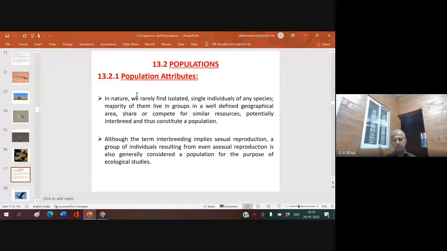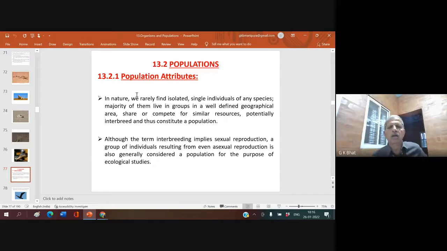Population is a group of organisms of the same species which generally interbreed. Community is a group of different species. In one particular forest area, you have a community that includes the tiger, the deer, the wolf, different species of birds, snakes, amphibians. All these are a community.